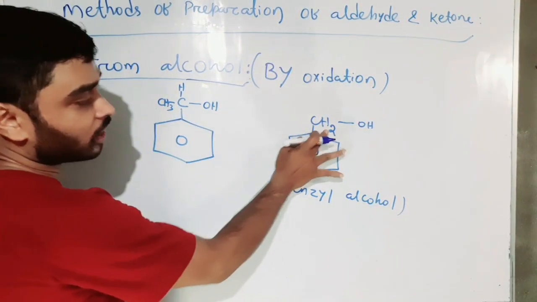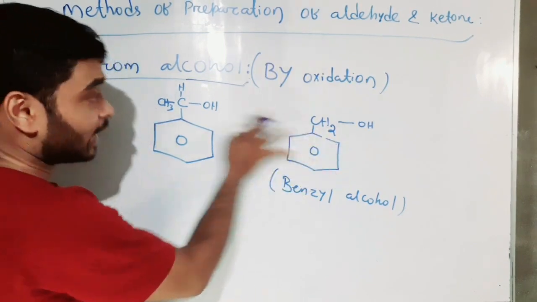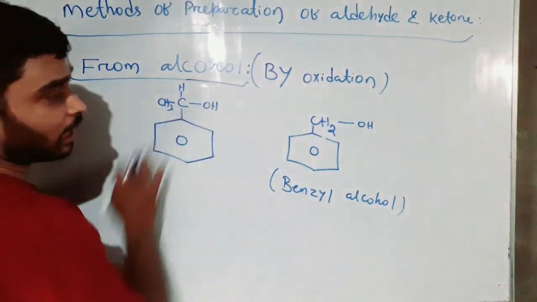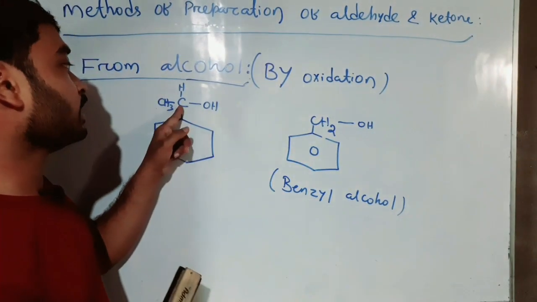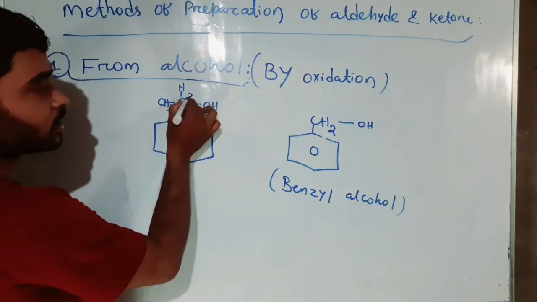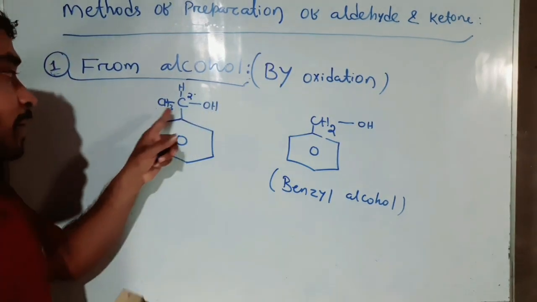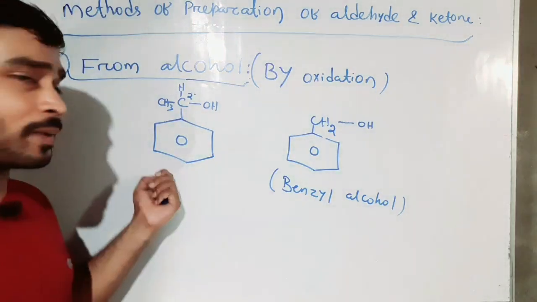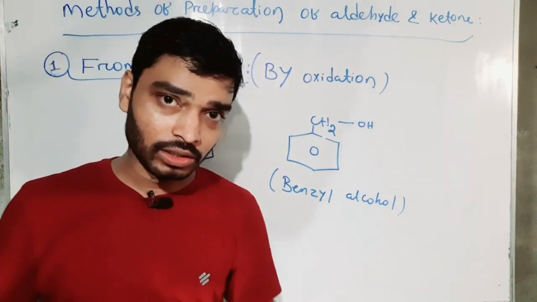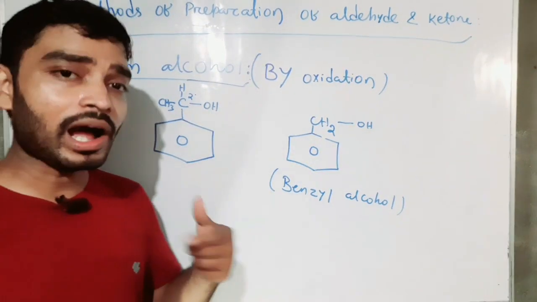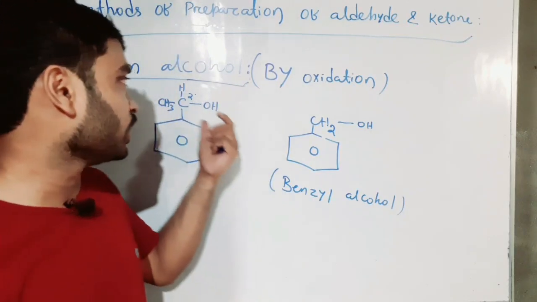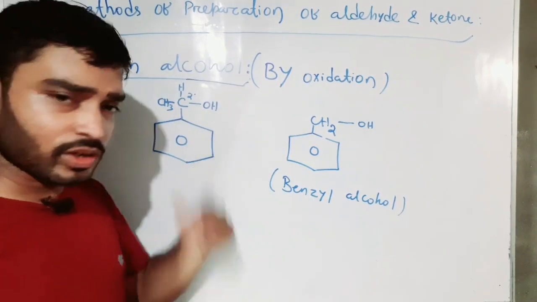What I have done here is one hydrogen from benzyl I have replaced by the CH3, and I am writing here one OH, because in this case the degree of carbon is 2. So it will result in the formation of ketone, that is acetophenone.